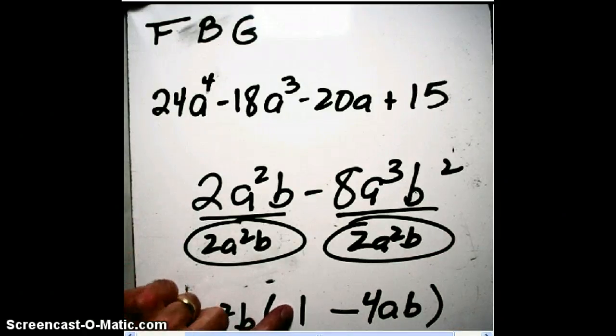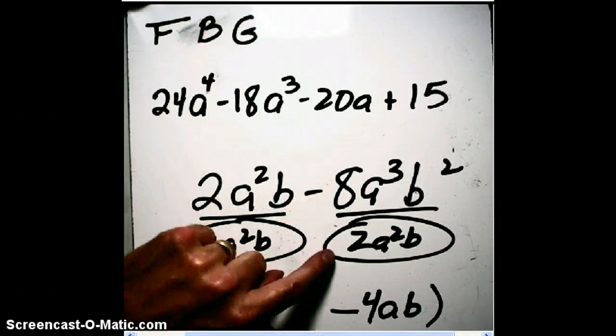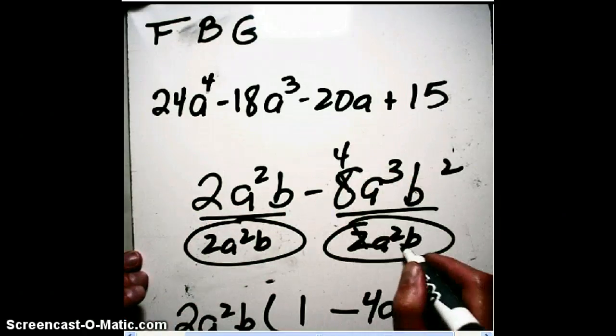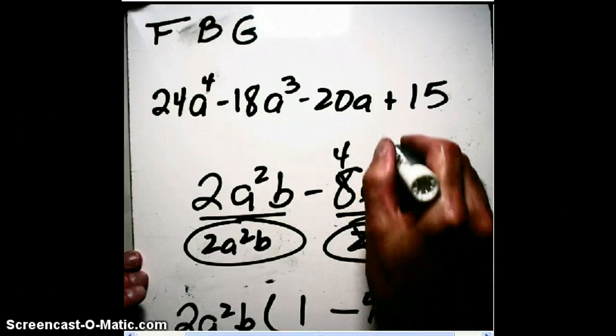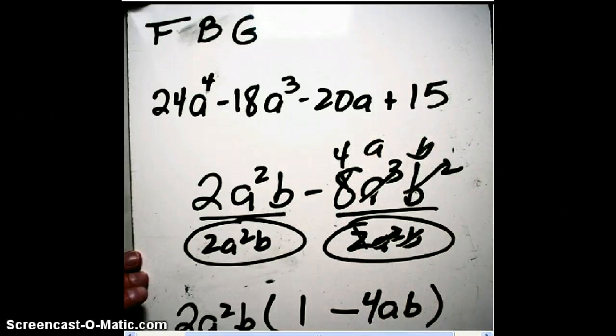Same thing as 1. Negative 8. How many times does 2 go into 8? 4. I've got some A's here. There's an A there, and I got 1B at the top. 4AB. Now you don't have to do this. You can kind of tell by looking. So I call these guys factor training wheels.